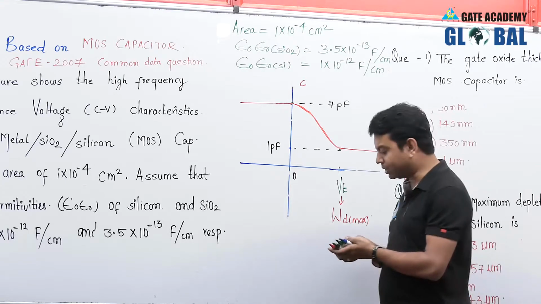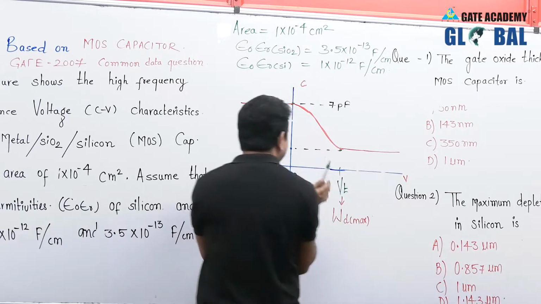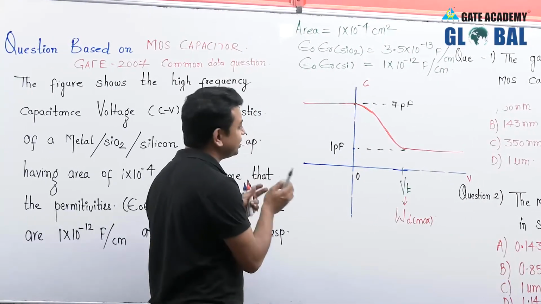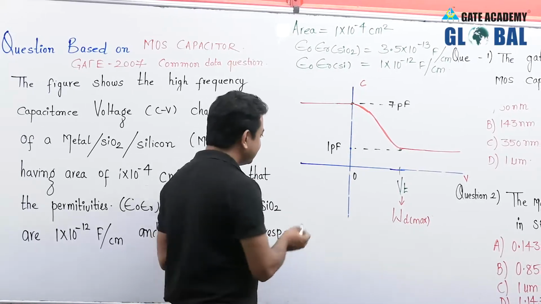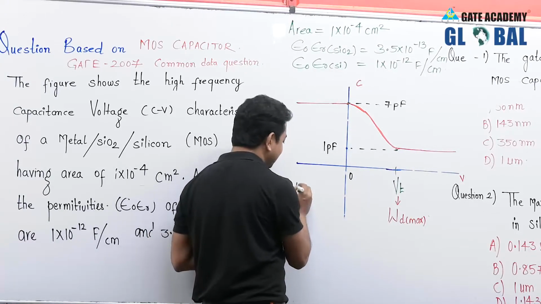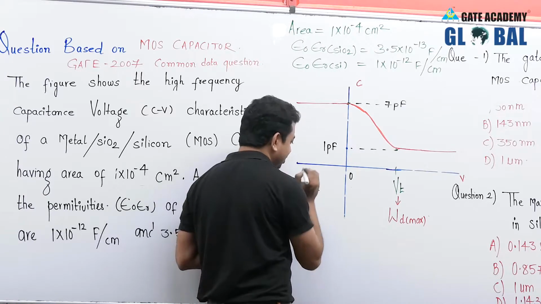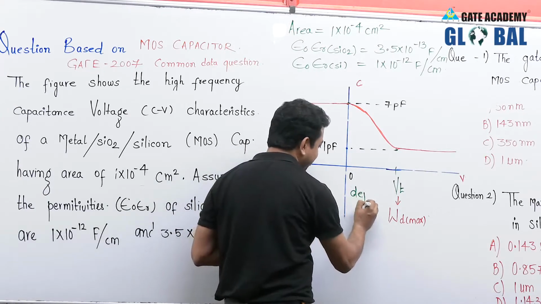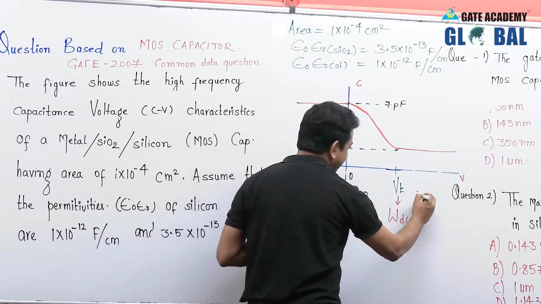I will write down the expressions of capacitance in these 3 regions of operation. The first region is accumulation, the second is depletion, and the third is inversion.